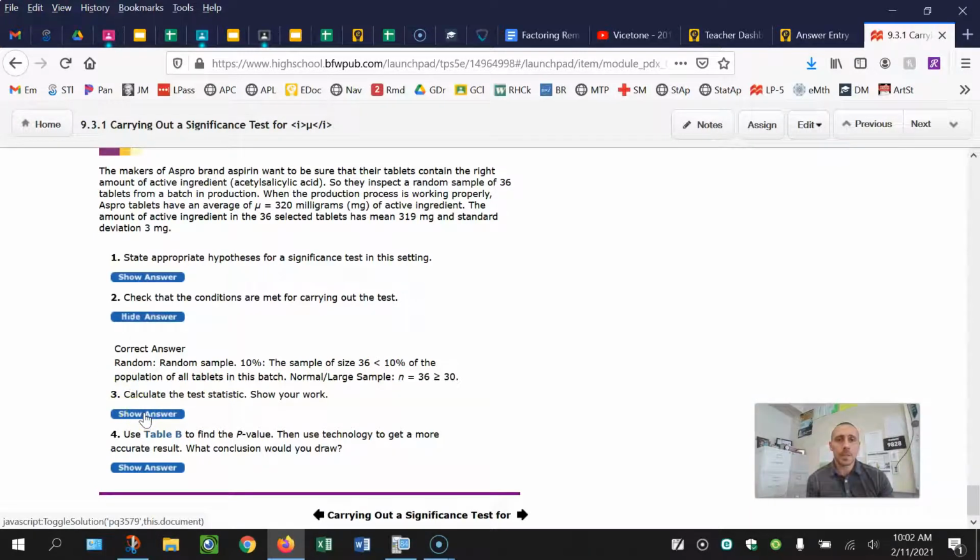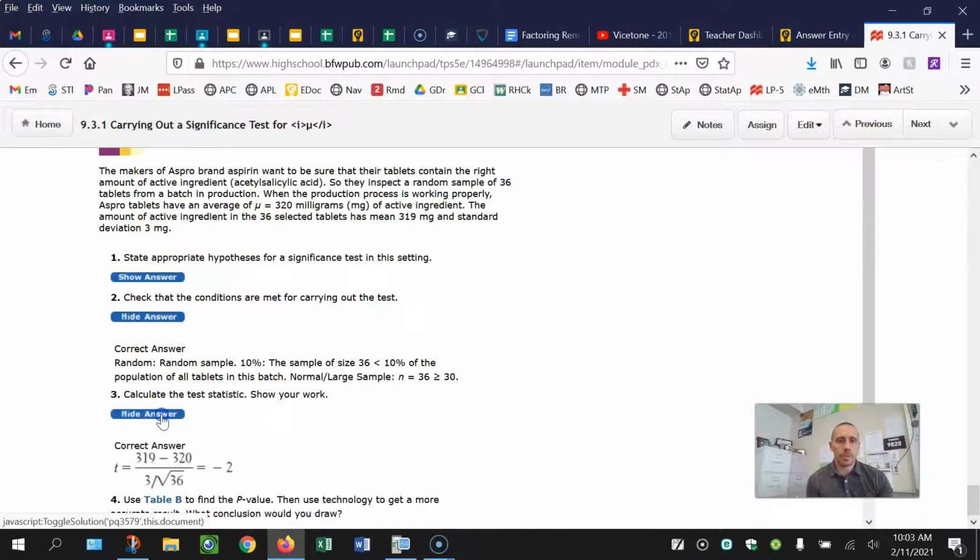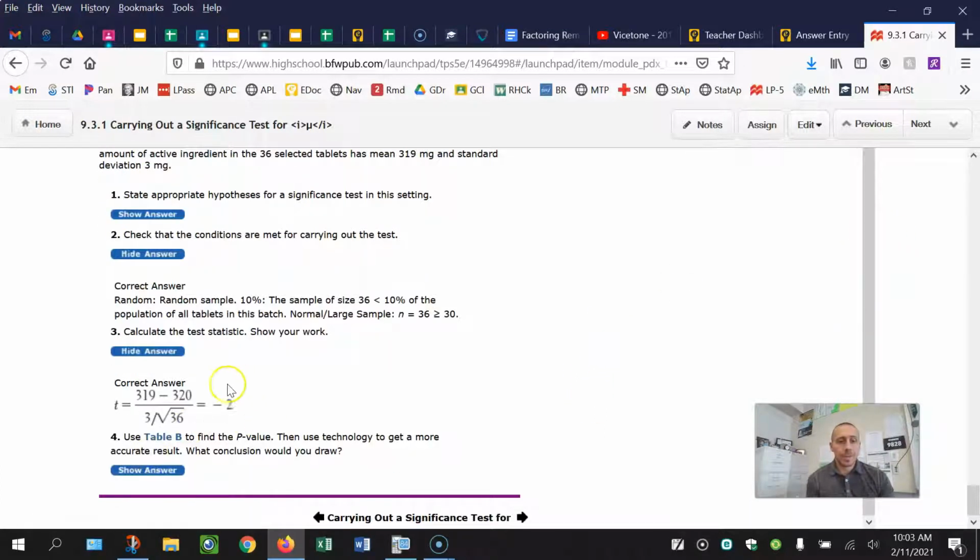Test statistic is going to be the 319, that's the sample mean, minus the 320, divided by the sample standard deviation, 3, divided by the square root of 36. So the test statistic is negative 2. So we're 2 standard deviations below the mean on the t-distribution.